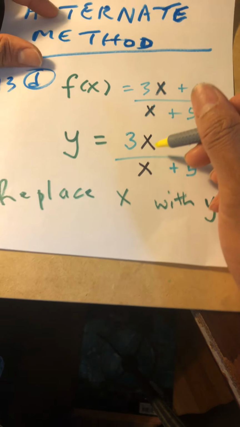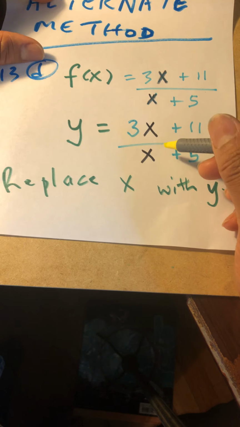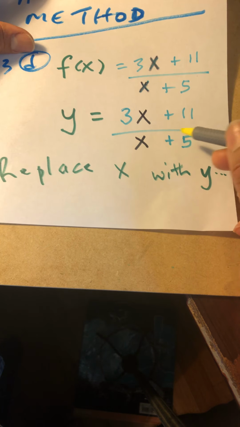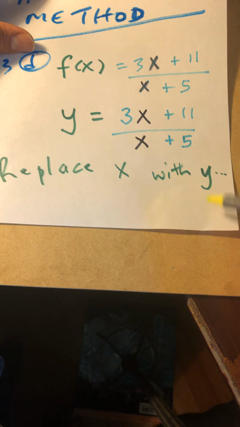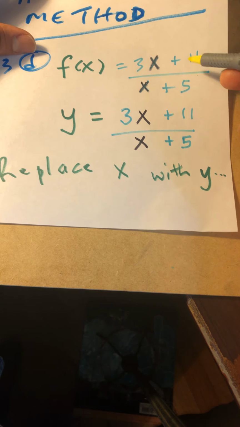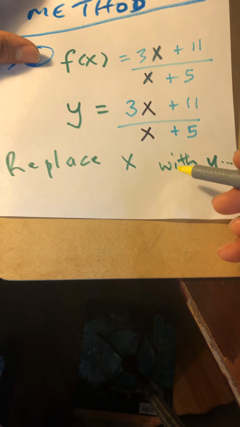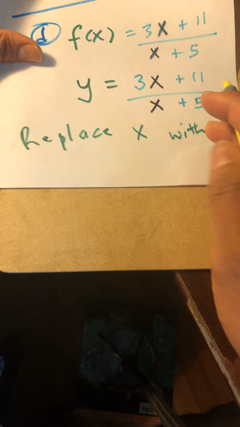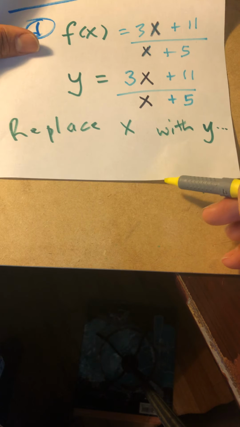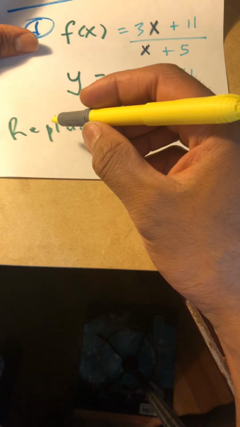And I'm just going to rewrite that for now as y equals 3x plus 11 over x plus 5. Sorry, this was 11, not 4. All right, anyway, the idea behind this to prove that these functions are inverses of each other is go through this algorithm.